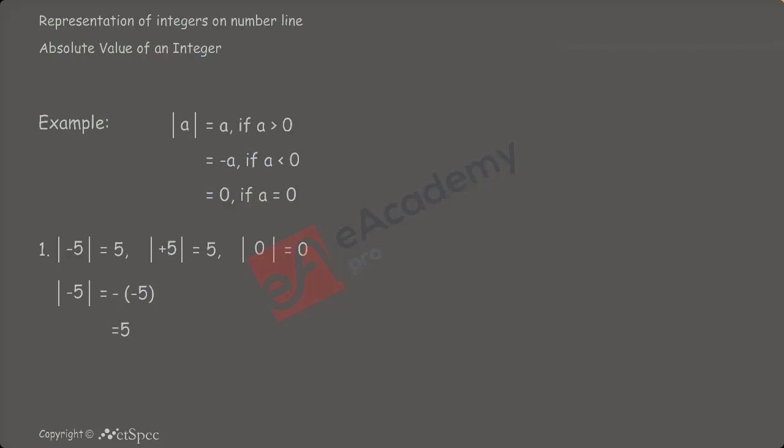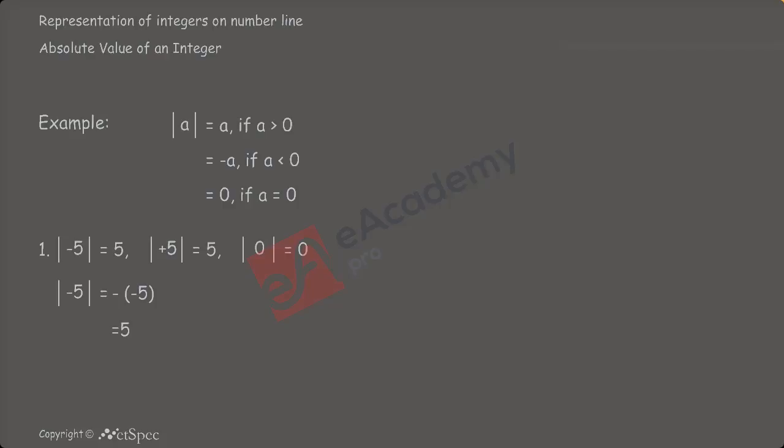In case a is a negative integer, the absolute value is the number itself neglecting the sign. That is, modulus of a is minus a if a is less than 0.